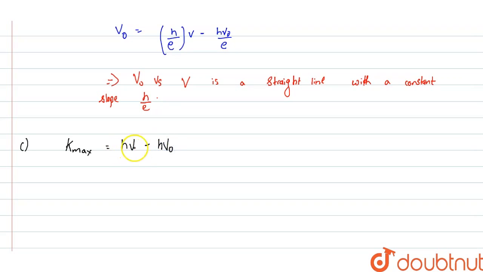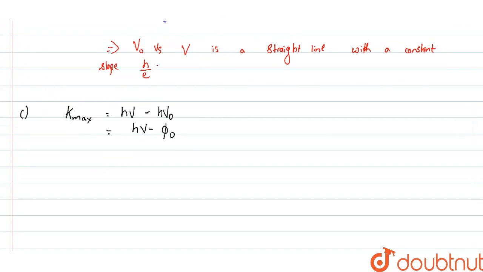We see that it's dependent on the frequency, not the intensity, which we can write as hν minus φ0. So the maximum kinetic energy of photoelectrons is independent of intensity, because we do not have intensity in this equation. It's dependent on the frequency. Alright, so with this we can conclude our answer.